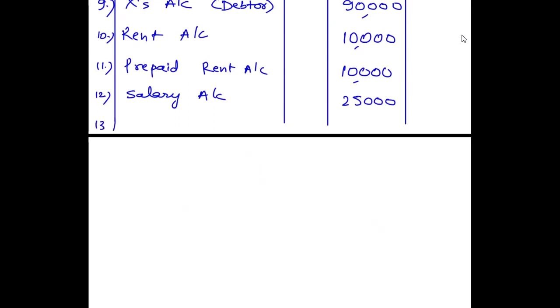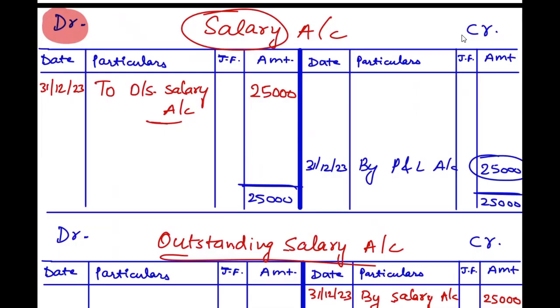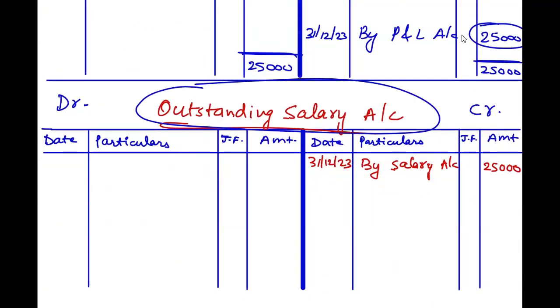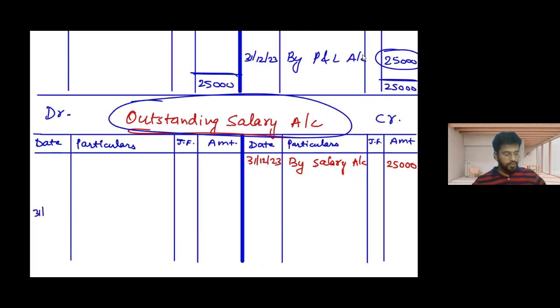Then we have the outstanding salary. So outstanding salary is something which we have not paid yet. So this is a liability and this will be paid in the future. So what I will do on 31st of December 23, I will write it as by balance carried down, that is 25,000.